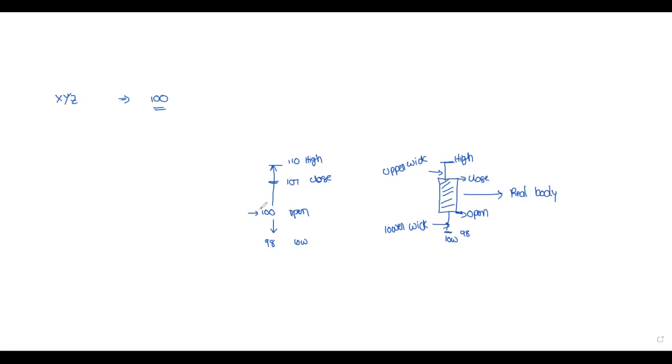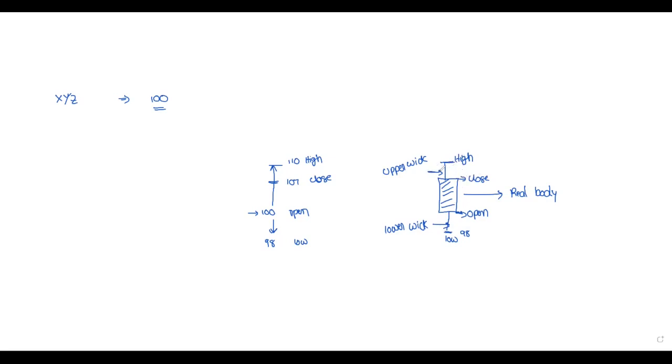Hope it is clear. So the price opened at 100 rupees, came down and made a low of 98 rupees, went to a high of 110 rupees and closed at 107 rupees. In a candlestick, we represent this with the opening price here, it went lower and then higher, and it closed here.